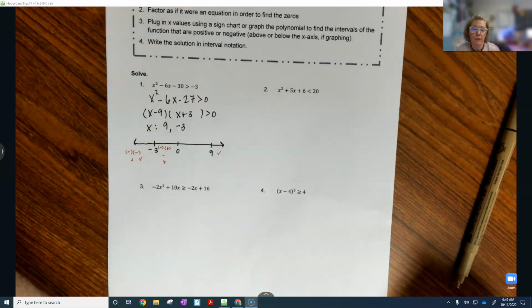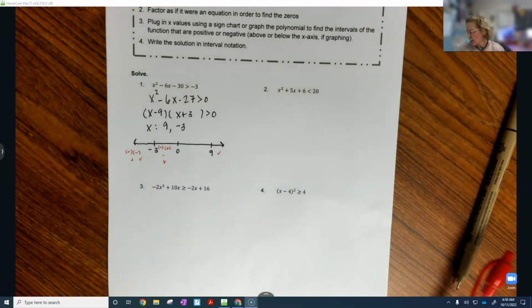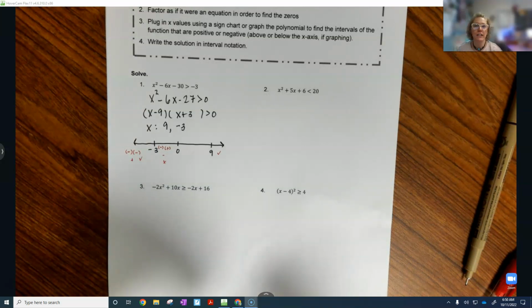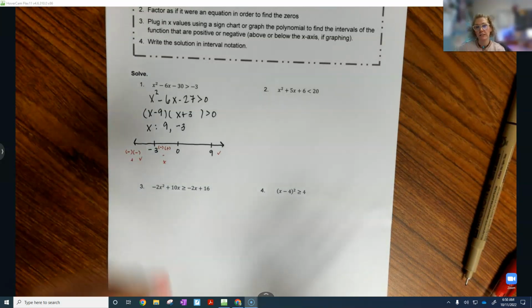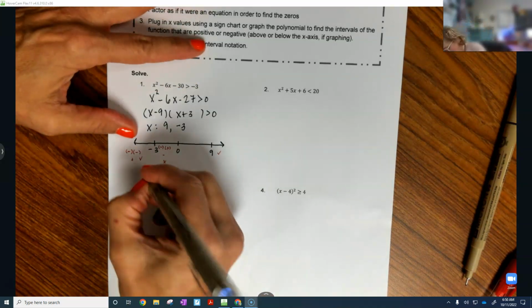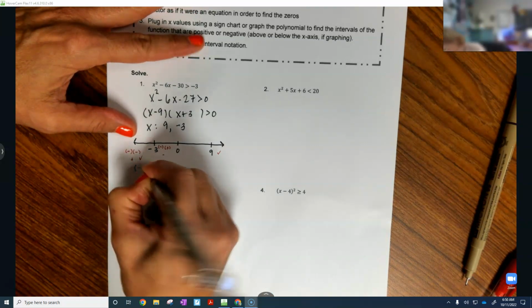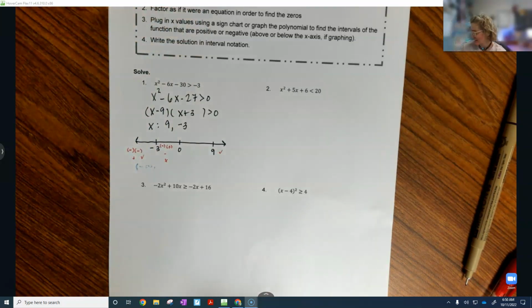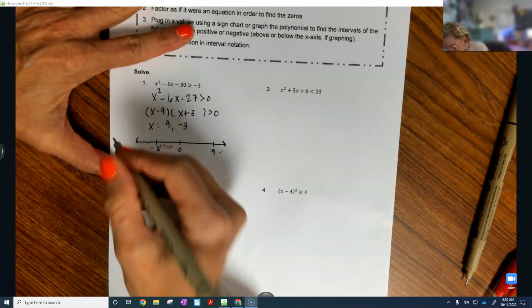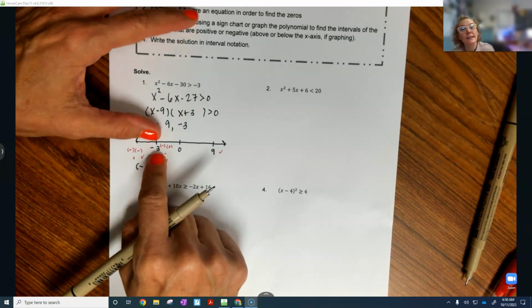So if I had to write this in interval notation, which I do have to, remember, our interval notation shows all the possibilities for x to make the inequality true, that's what we're representing here. So it is going to be negative infinity, all the way up to that -3.